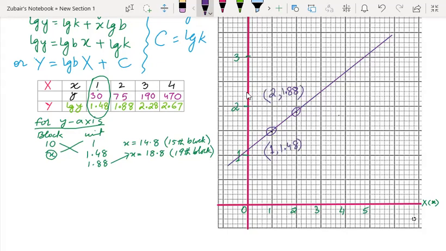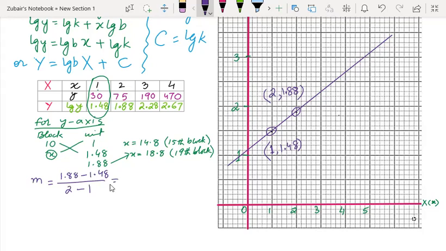Okay, so now we should find the gradient. The gradient formula is m is equal to y2 minus y1 upon x2 minus x1. So 1.88 minus 1.48, then 2 minus 1.